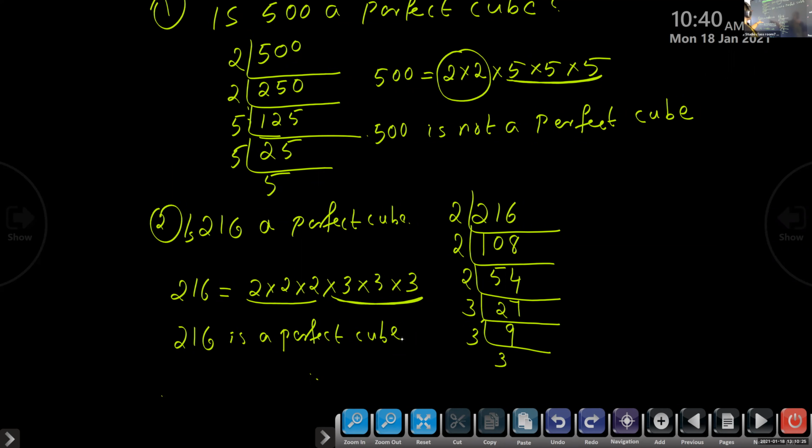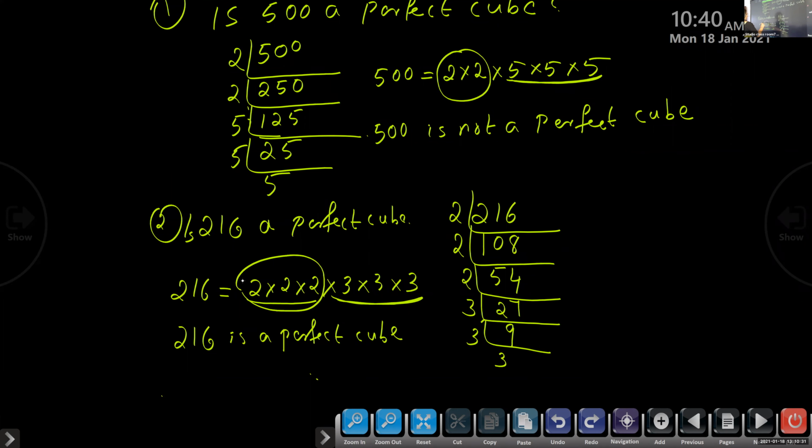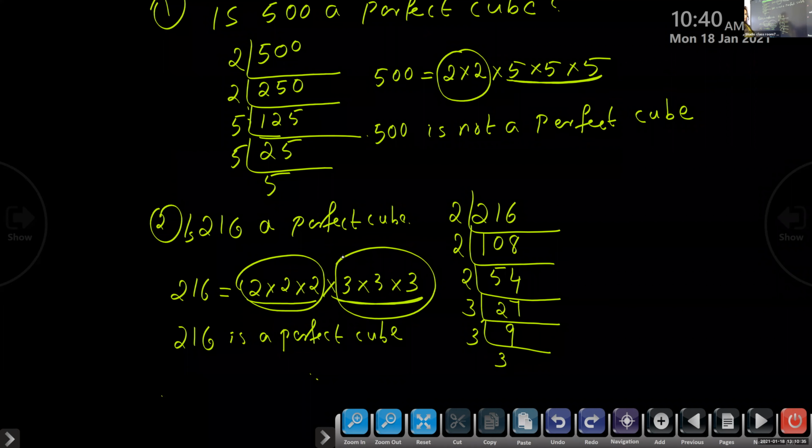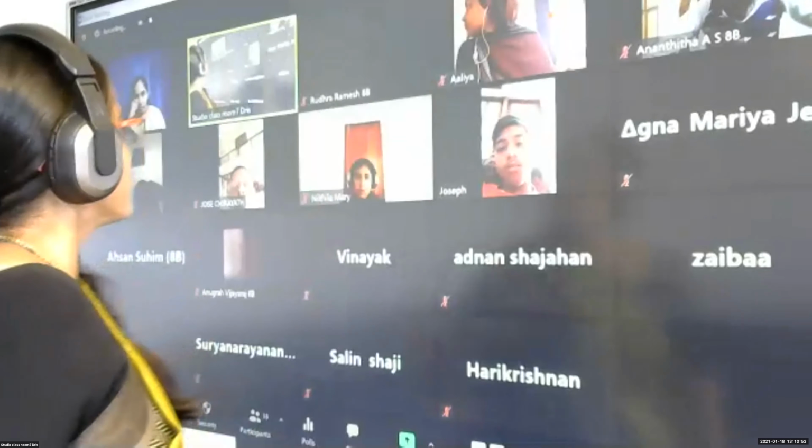And 216 is 2 into 2 into 2, 3 into 3 into 3. We have two groups, each having three: there are three 2s and three 3s. We can group those prime factors 2 and 3 into groups of 3. So 216 is a perfect cube and 500 is not a perfect cube. Is it clear? Yes, ma'am.